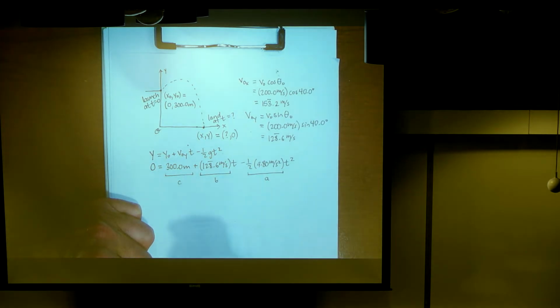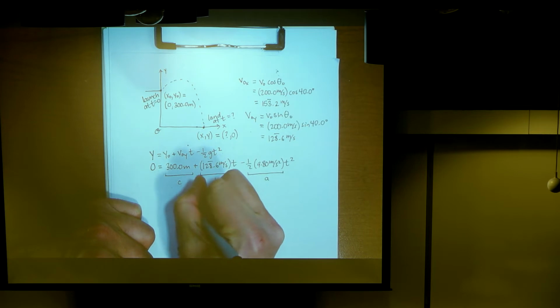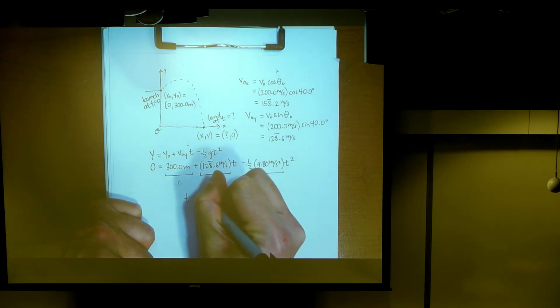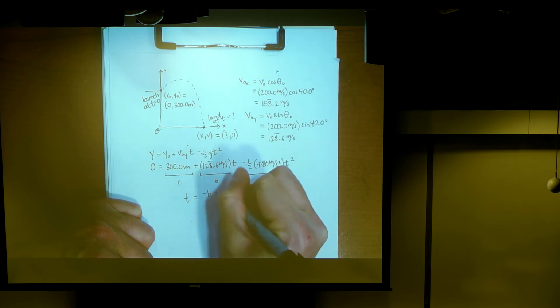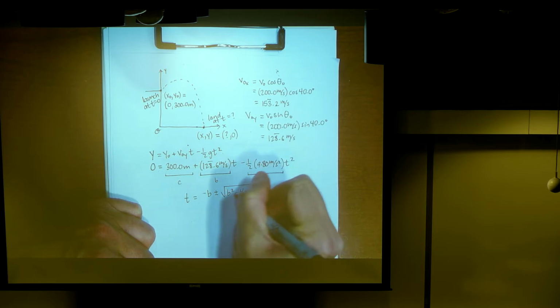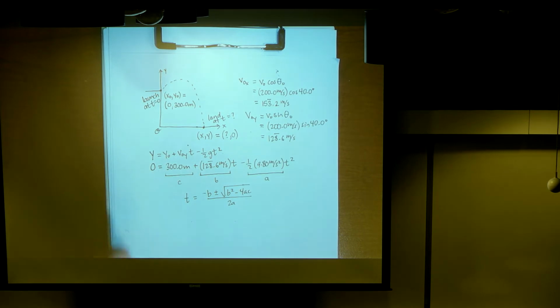I'm not going to go through the whole thing. You can plug a, b, and c into the quadratic formula, which is given by t equals minus b plus or minus the square root of b squared minus 4ac, over 2a.